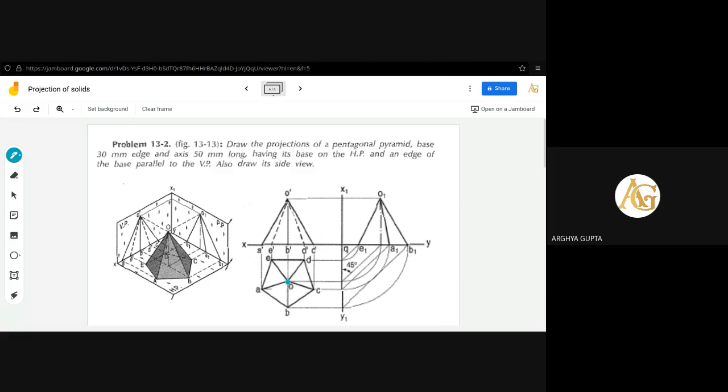How is it done? Take the midpoint of BC. The base edge is 30 mm given, so mark a point from C up to 15 mm. Then mark another point from A, 15 mm.